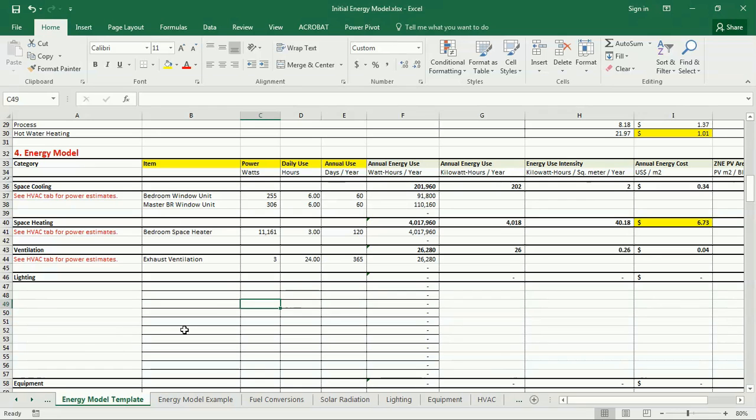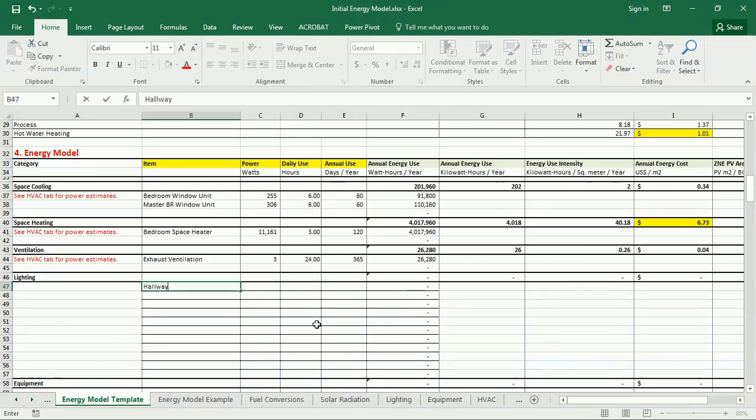And so this energy model is really going to be just as accurate as any other energy model. It's really quite easy to estimate lighting and equipment, assuming you can estimate how many hours you're actually using the stuff. So I'll just give a few examples here for lights.